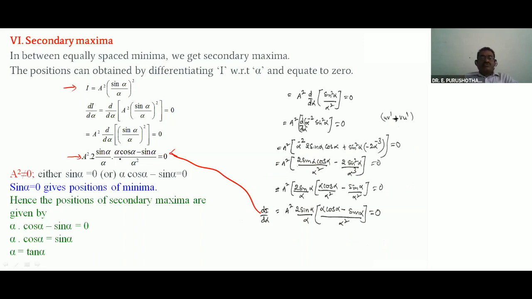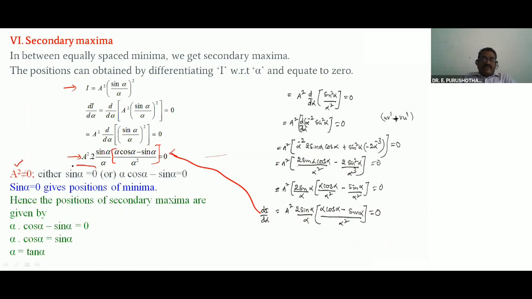So a square 2 sine alpha by alpha into alpha cos alpha minus sine alpha. You observe here, three terms are here. So a square is not equal to 0 because it is a constant amplitude.